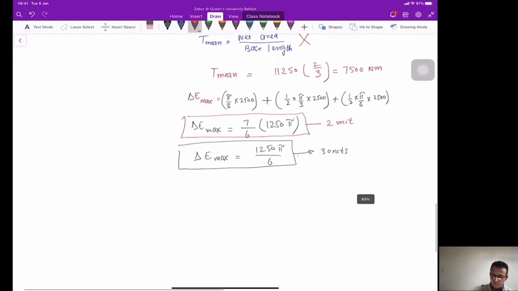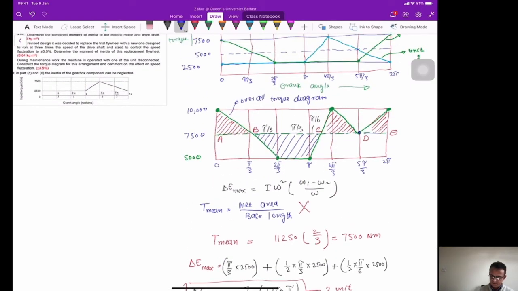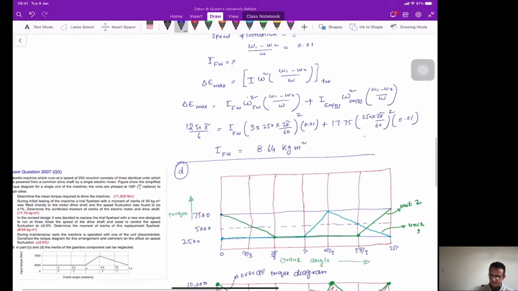So now you need to talk about the speed fluctuation. Again, consider the same equation, that delta E maximum equals I omega square into omega 1 minus omega 2 divided by omega, which is obviously this equation here.